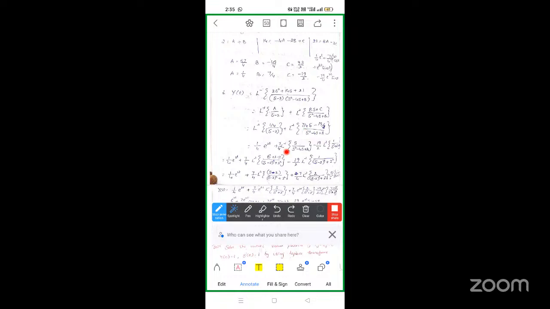L inverse of s by s square minus 4s plus 8, separating the numerator for the first and second terms, minus 19 by 2 times L inverse of 1 by s square minus 4s plus 8. So 1 by 4 e power 2t plus 7 by 4 L inverse of, here in the numerator we can add plus 2 minus 2.